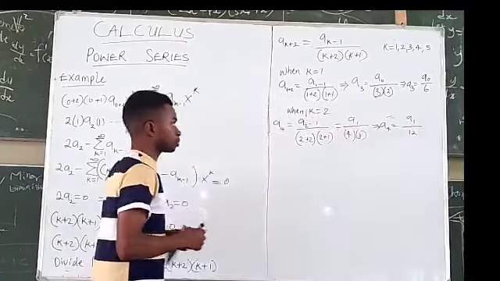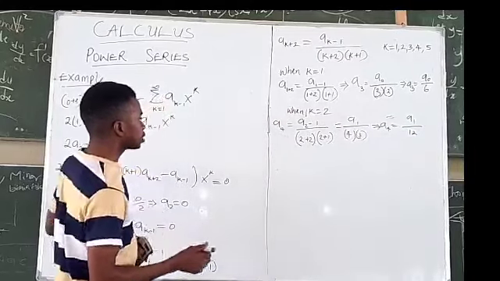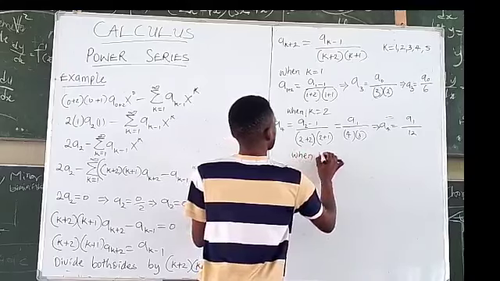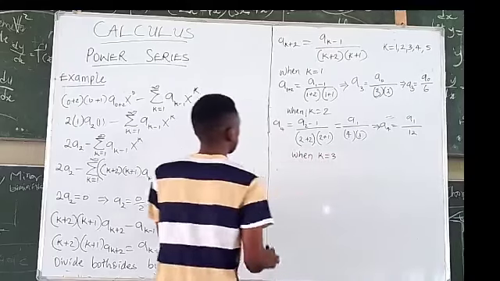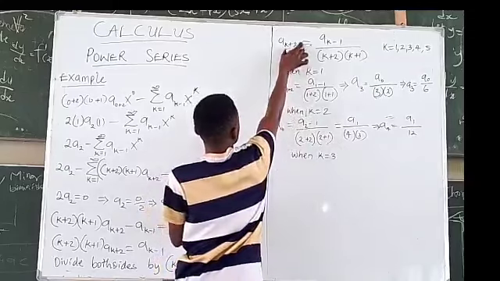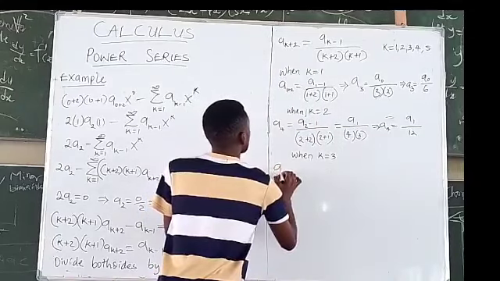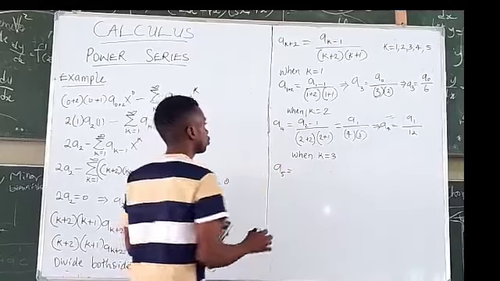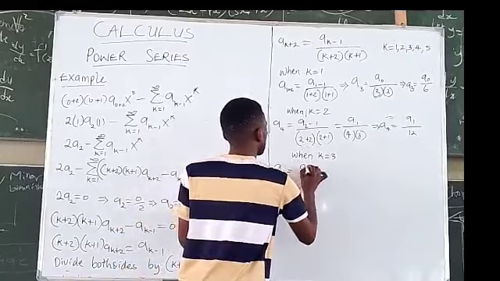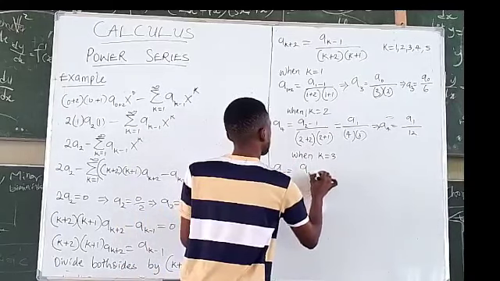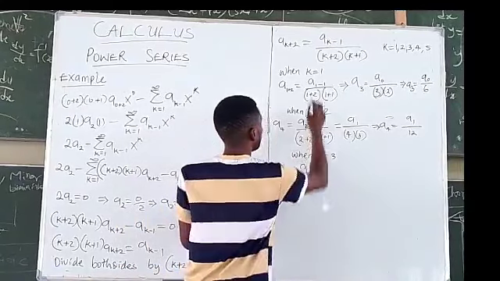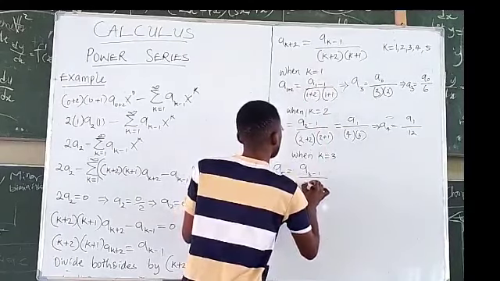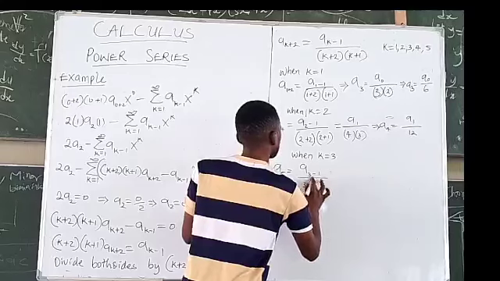Then the next we have when k is equal to 3. If we substitute 3 into this one, we get a5. Then it becomes a3 minus 1. We put our 3 there, becomes 3 plus 1 plus 2.